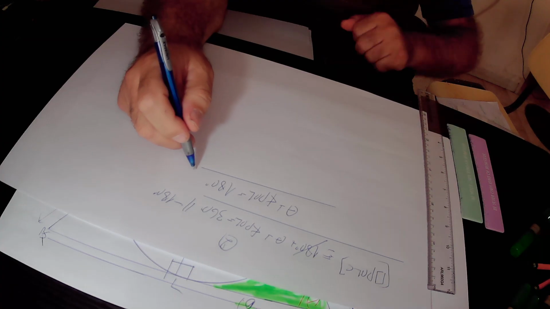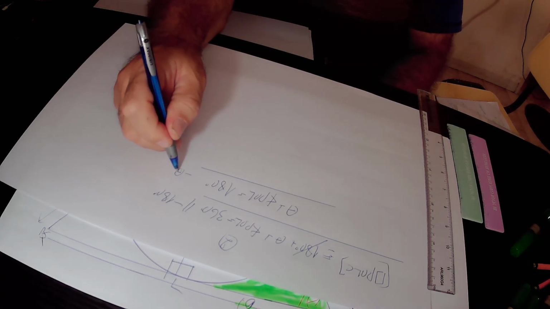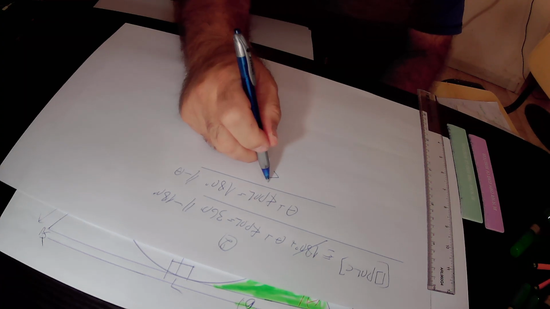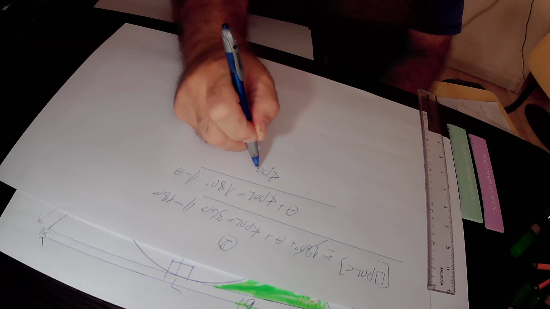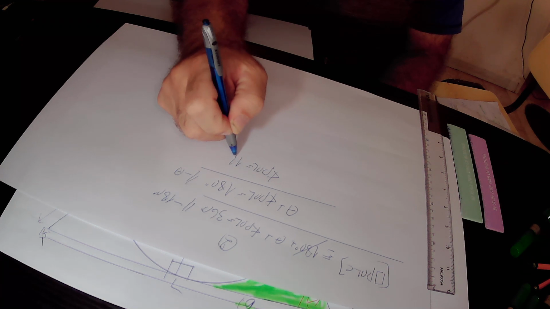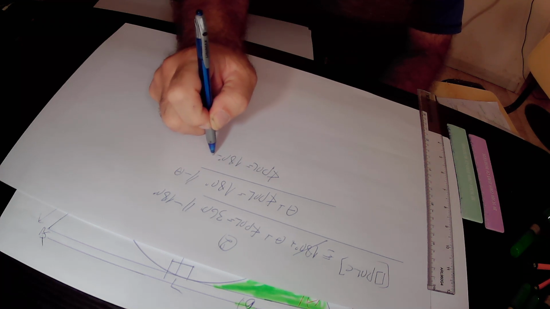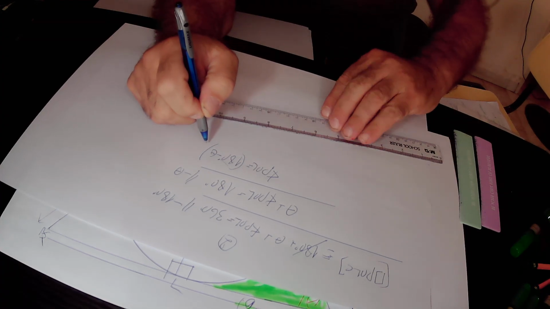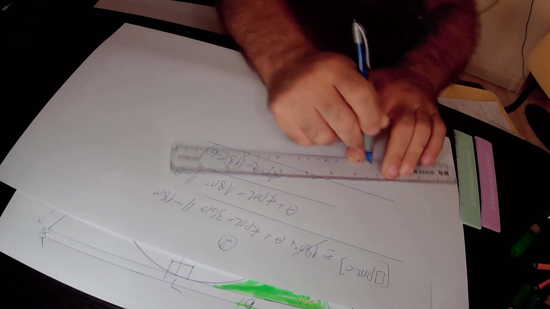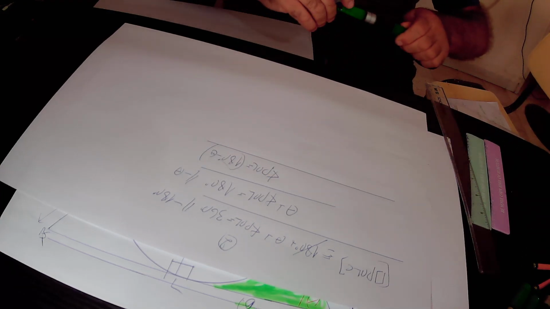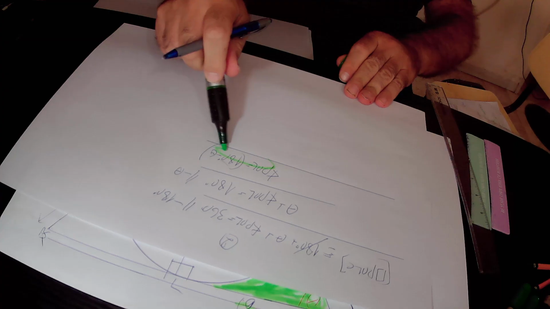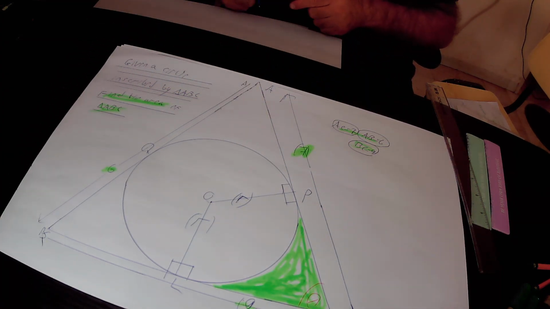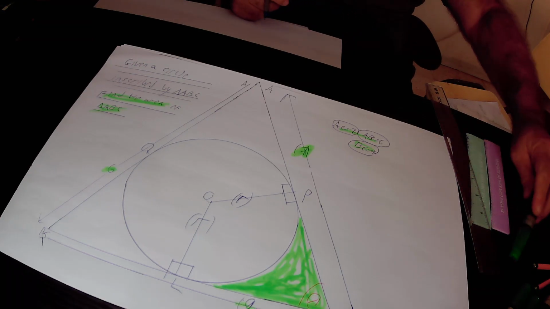Here we subtract theta from this equation. And we get that the missing angle POL is equal to 180 degrees minus theta. So here, the missing angle POL is equal to 180 degrees minus theta.